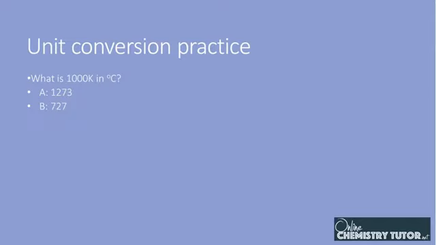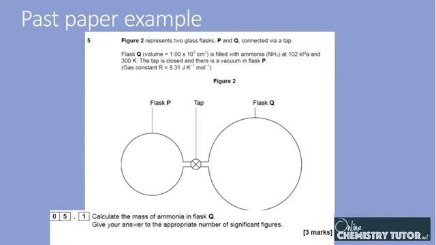Okay, so if we're converting 1,000 Kelvin into Celsius, we're not converting Celsius into Kelvin, so we're not adding 273, we are subtracting 273, so that would make it 727 Celsius.